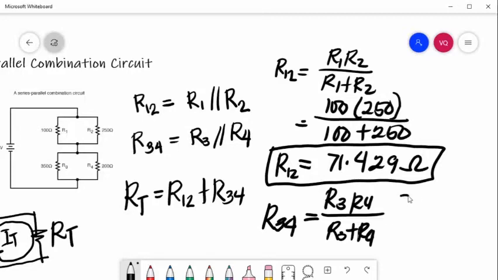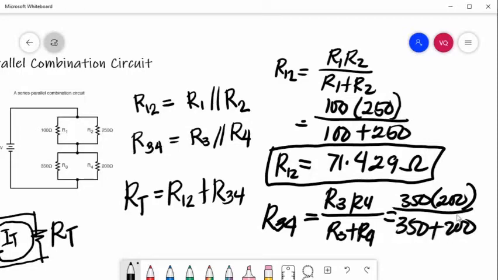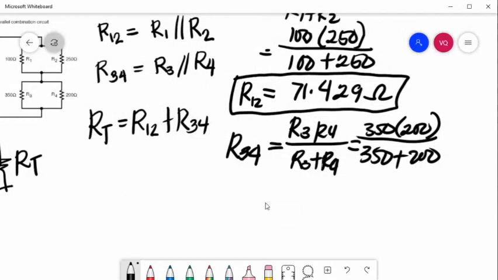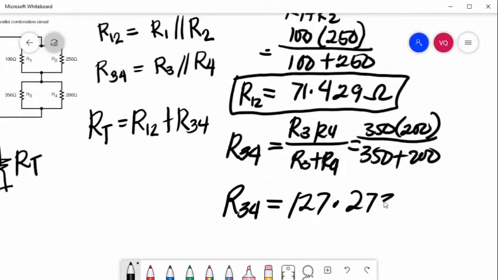So 350 times 200 divided by 350 plus 200. So R34 is equal to 127.273 ohms.